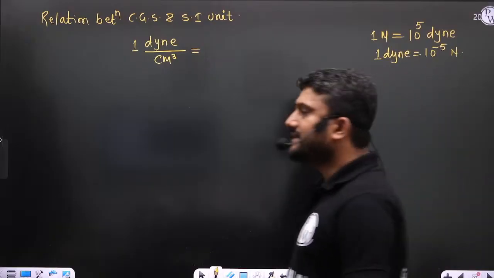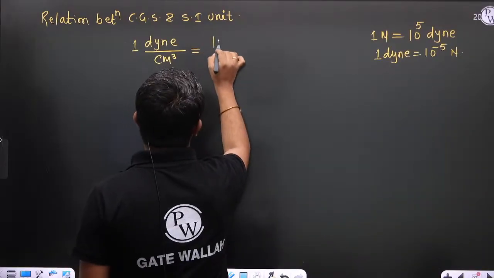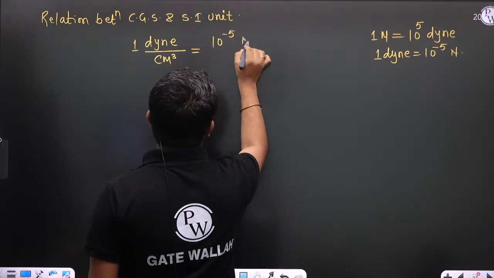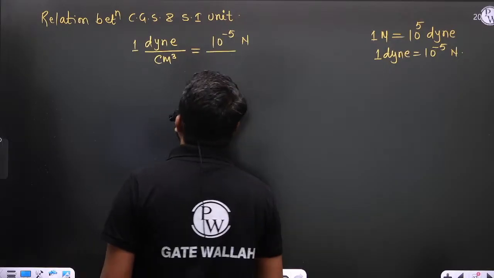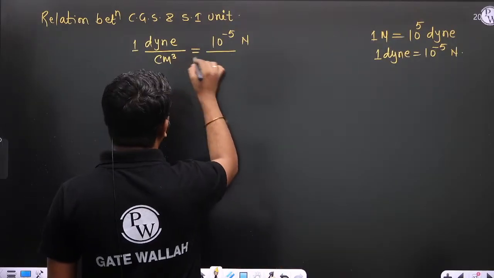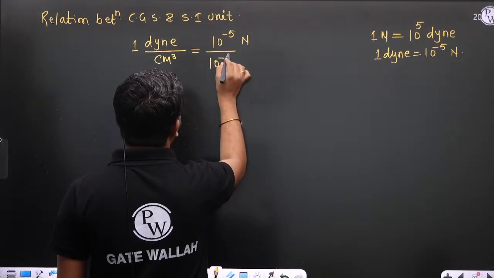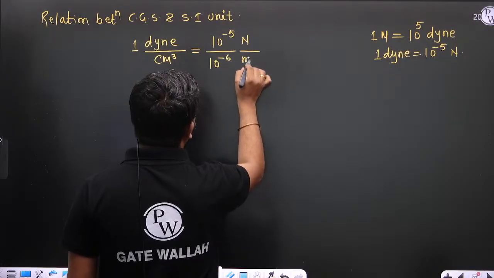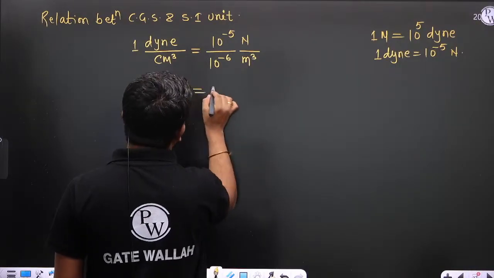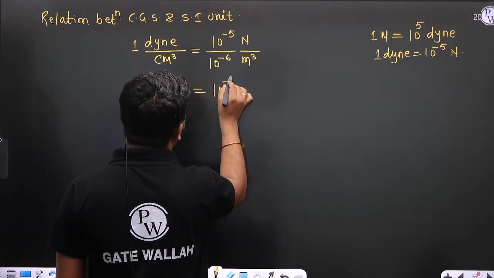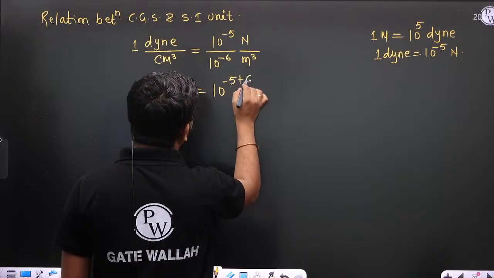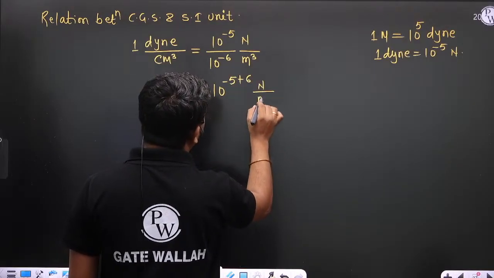Right, so 1 dyne is equal to 10 to the power minus 5 Newton divided by centimeter cube, so 10 to the power minus 6 meter cube. So ultimately what you are getting, 10 to the power minus 5 plus 6 Newton per meter cube.